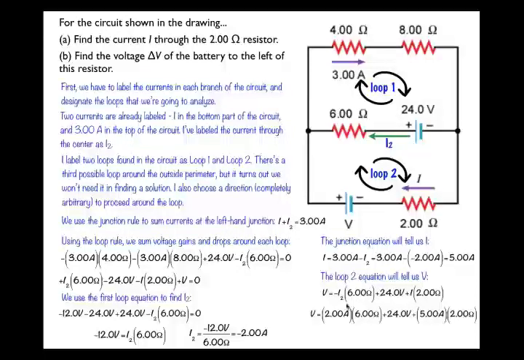Plug in what we know all of those things to be. I2 is minus 2 amps, and so minus minus 2 amps is positive 2 amps. 6 ohms, 24 volts. I is 5 amps times the 2 ohms, and we end up with a total of 46 volts. So this is a 46 volt battery here in the lower part of the circuit.